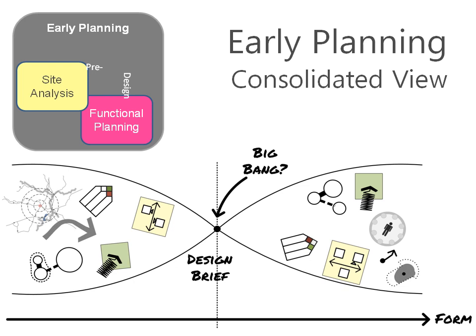You have to think about relationships between functions, about the context in which a building is going to be based, about the occupants of a building, about different physical aspects such as sun and shading and so on. So early planning is a twofold activity consisting of site analysis and functional planning.